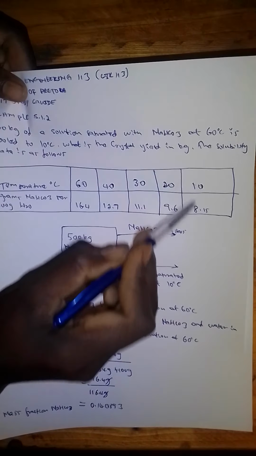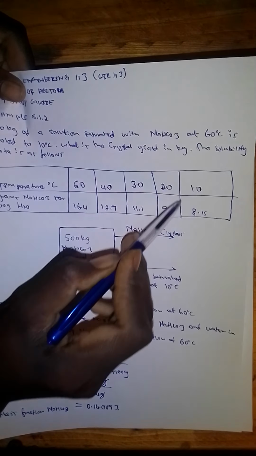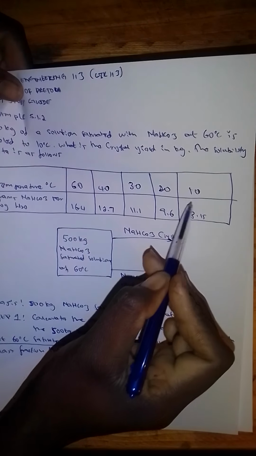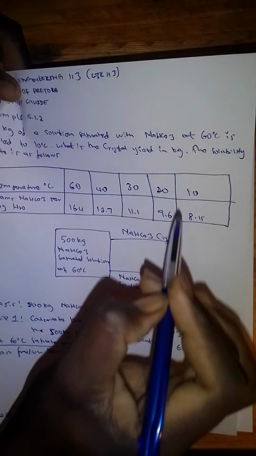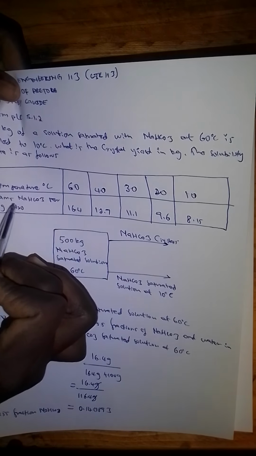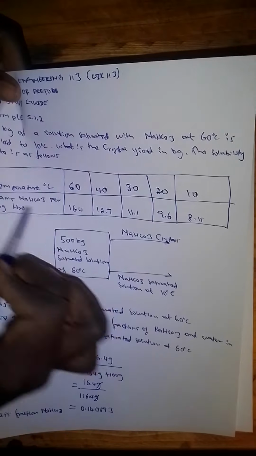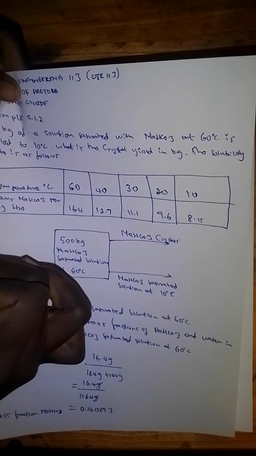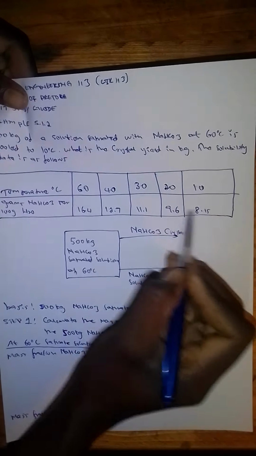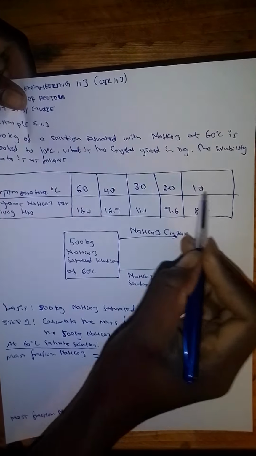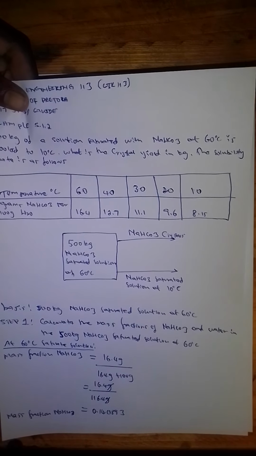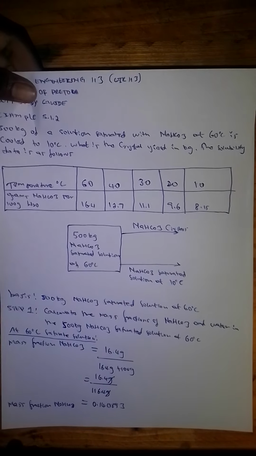We have the data here that tells us about the composition of the saturated solution of NaHCO3 per 100 kilograms of H2O. We can use this ratio like we did here and calculate the mass fraction. So that takes us to our step 3.